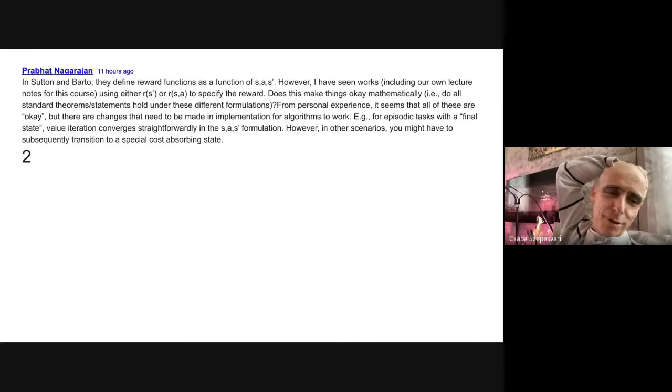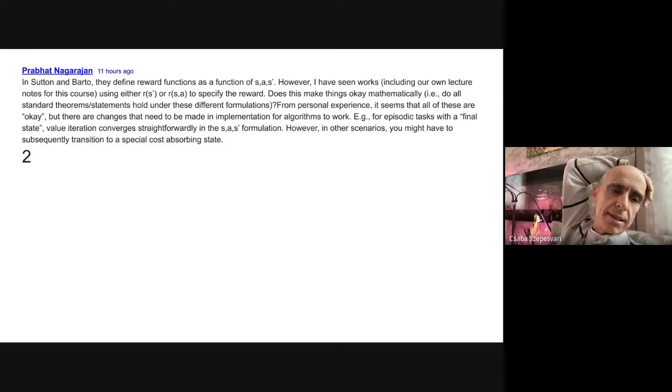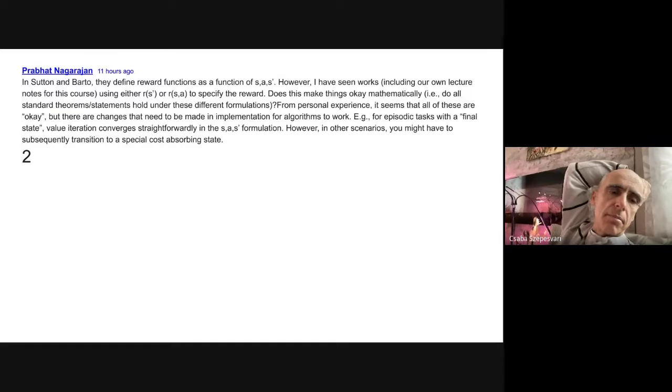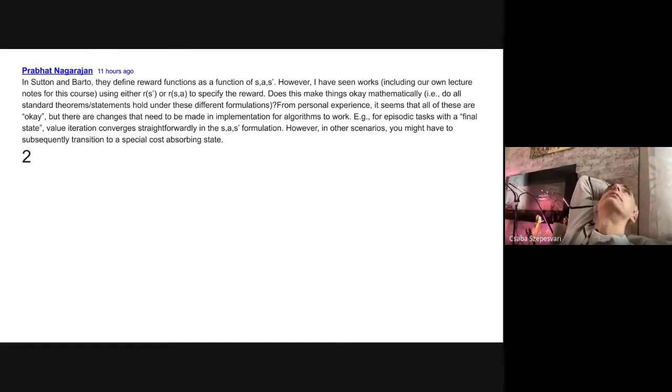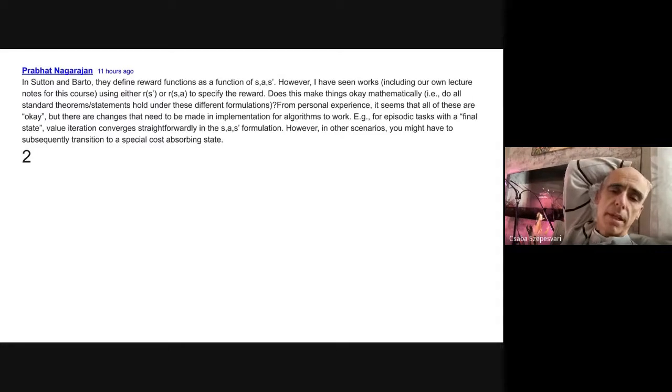The formulation for MDPs that I was presenting, with just the reward depending on states and actions, is the minimalist, interesting formulation. Maybe you could say that the one where the reward depends on the next state is also minimalist, but I think that's kind of awkward.